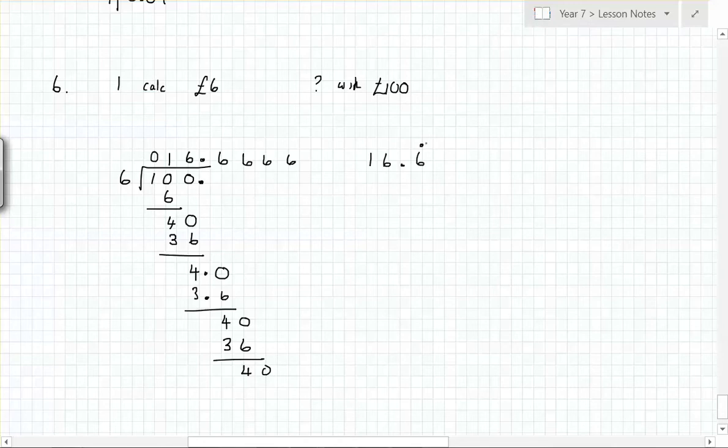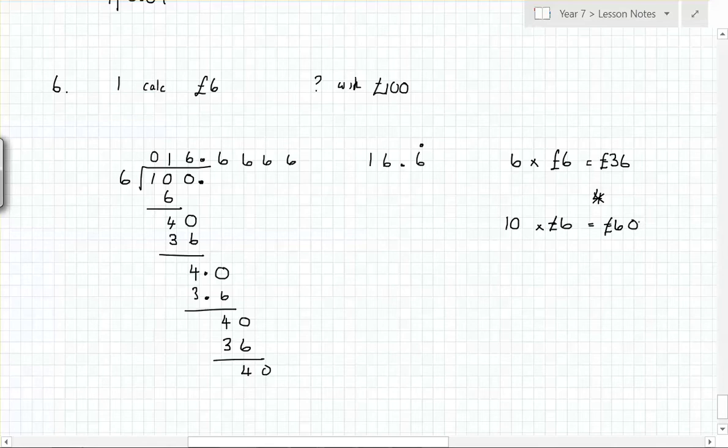Now the other way to think about it, which you're perfectly happy with, is say, well, 6 times £6 is £36. We can do 10 times £6 is £60.